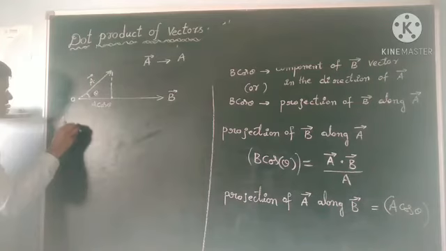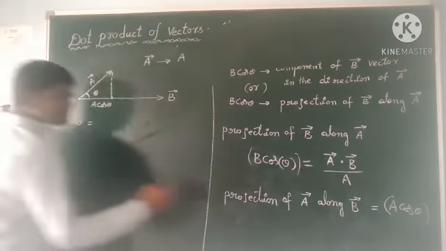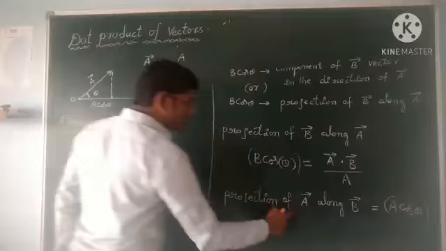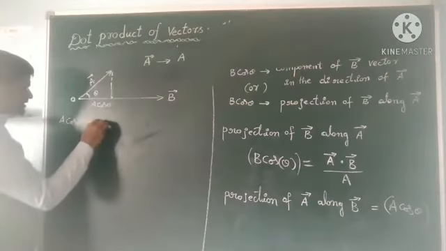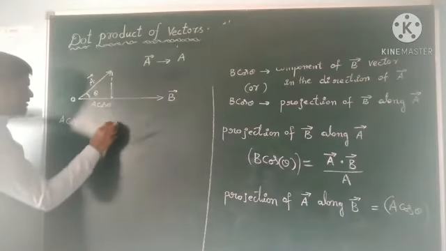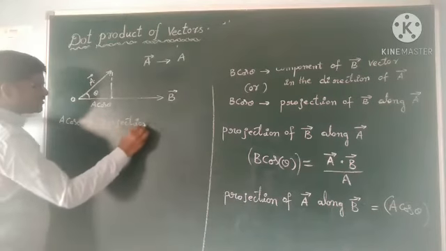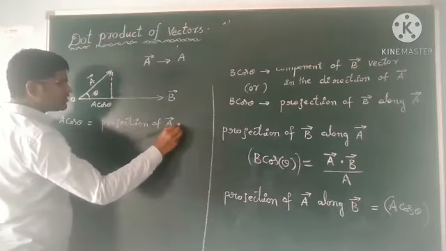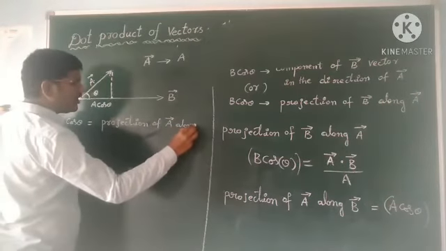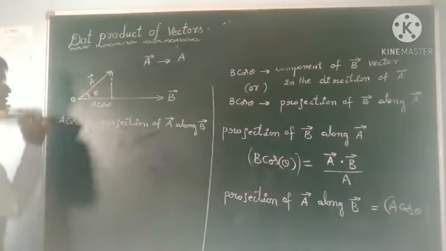A cos theta name is projection of A bar along B bar. So now I want this value.